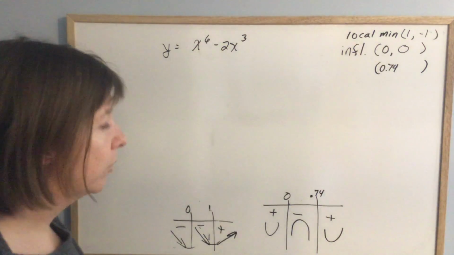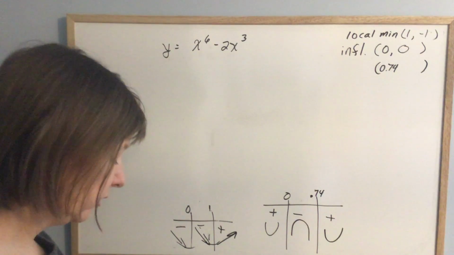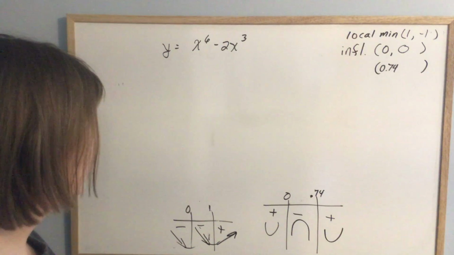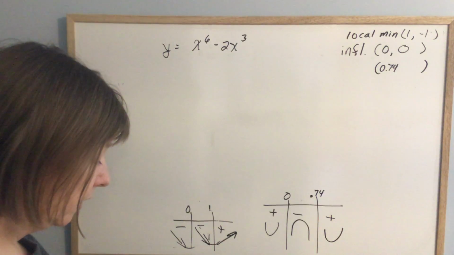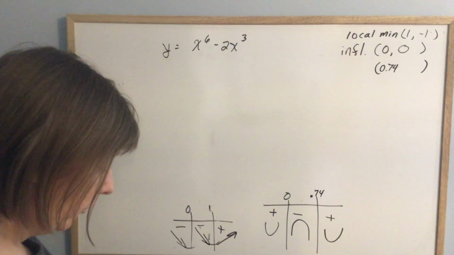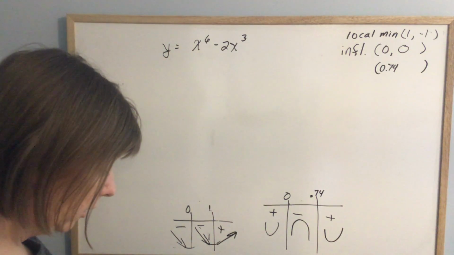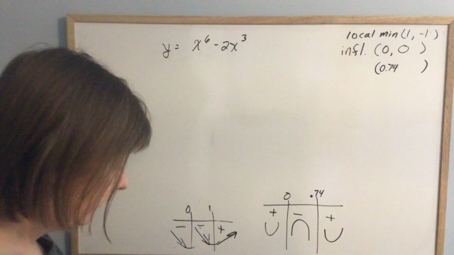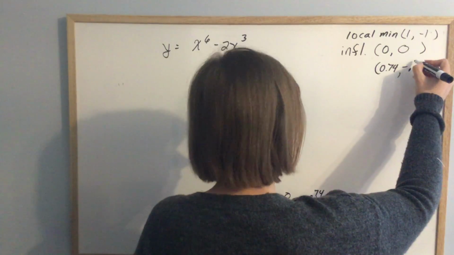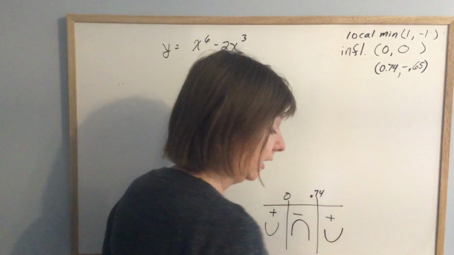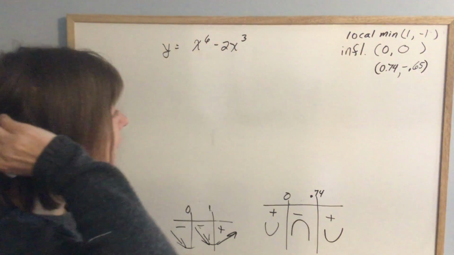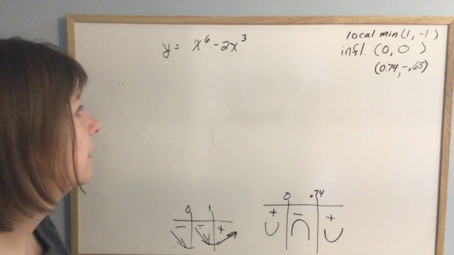And if x is 0.74, which is gross, but 0.74 to the 6th minus 2 times 0.74 cubed, I get negative 0.65. Okay, now those are rounded, that's okay. So that's fine.